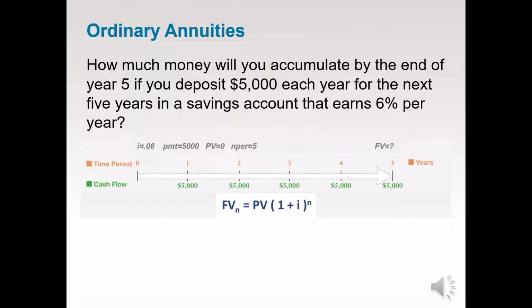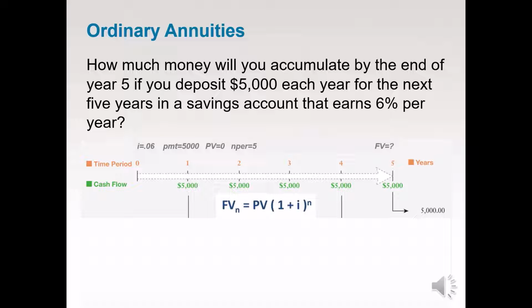I hope you remember that the financial equation to calculate future value is the present value times 1 plus the interest rate. If you take that interest rate to the nth power, then you can determine your future value. We can use this same sound theory of math and apply it to calculating an ordinary annuity amount.